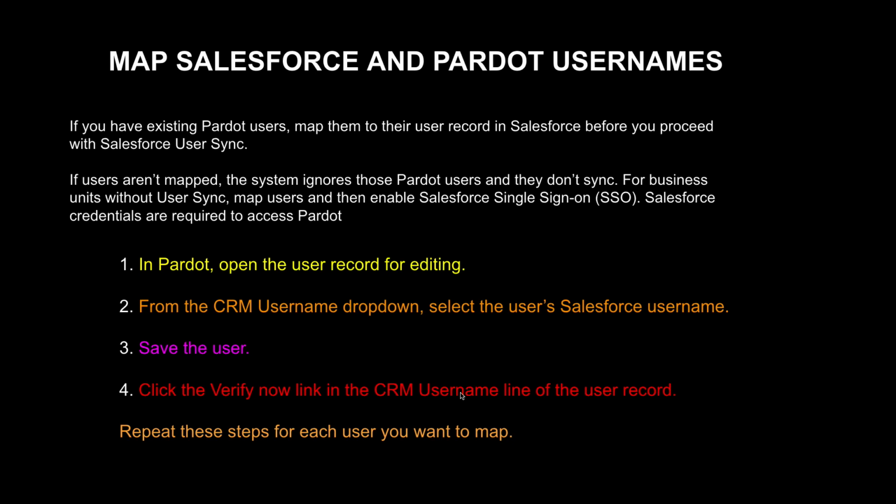Once you click on that link, you're all set. You should see a message for the CRM username field, like SSO has been activated or SSO has been enabled. Once you have done the same for all the Pardot only users, you can proceed with the Salesforce user sync.